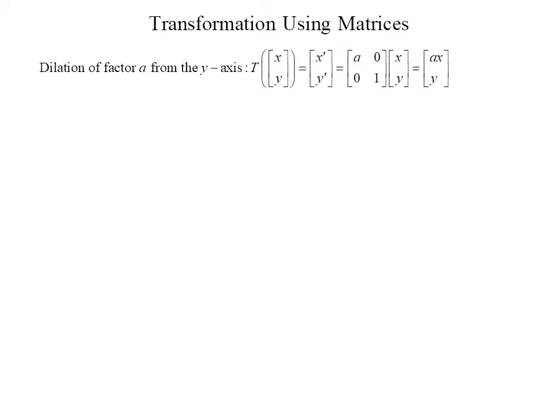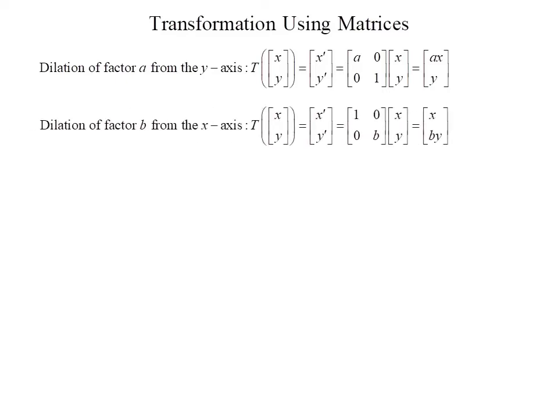When dilated by factor a parallel to the x-axis, the first row of the transformed matrix becomes ax, while the second row remains unchanged. When dilated by factor b parallel to the y-axis, the first row remains unchanged, while the second row becomes by.